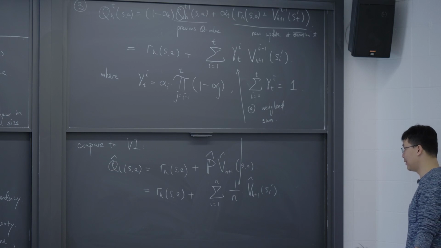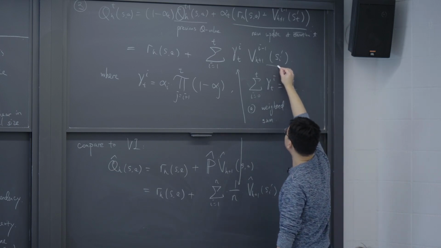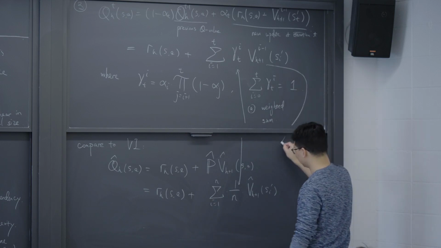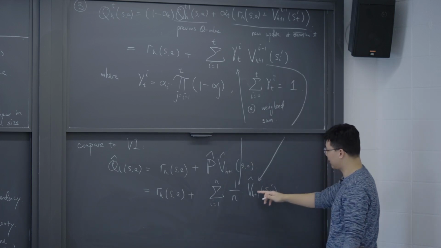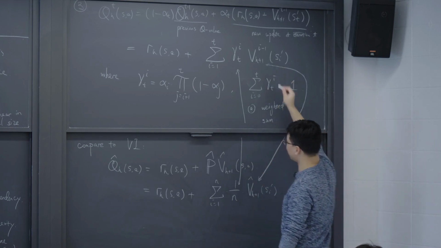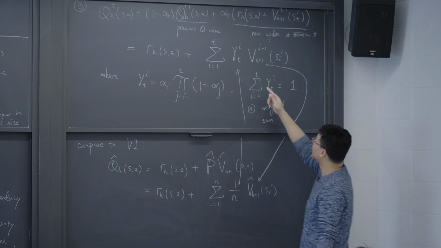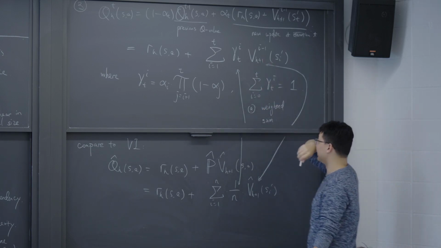And the second difference is that this is just using V hat, which is our estimate of value after we collect all the data. But here it is the value at the i-th iteration.